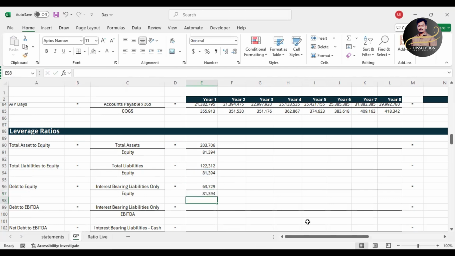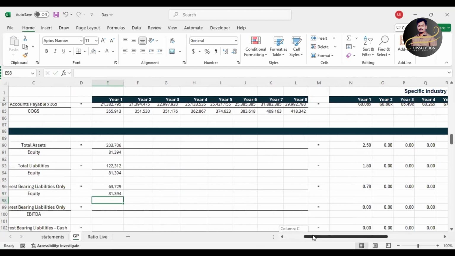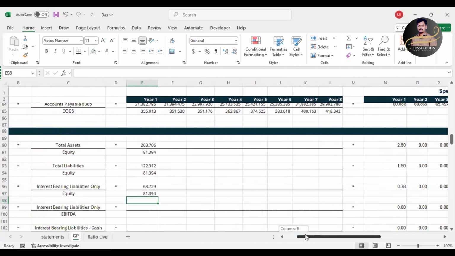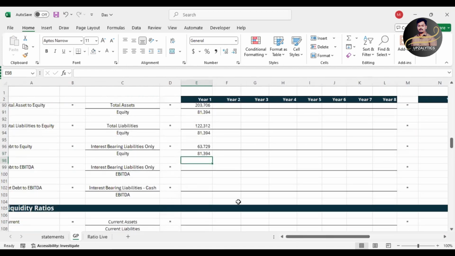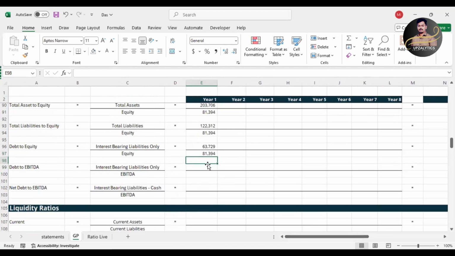For the total equity, we have around 0.78. It's a little bit good. For total liabilities to equity we had 1.5, but for interest bearing liabilities only we have 0.78. So okay, fine.